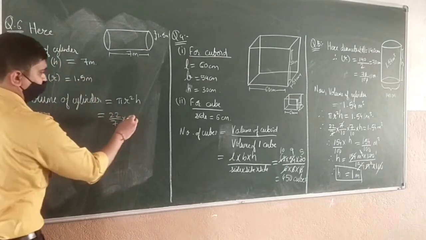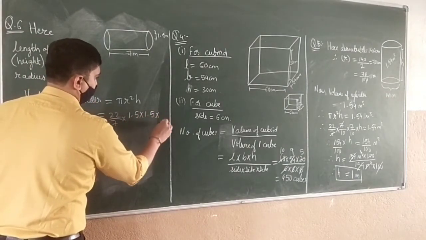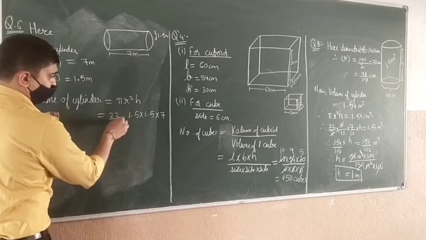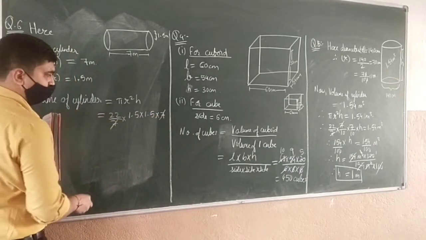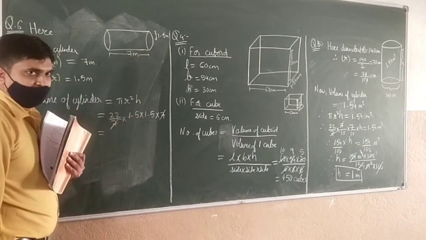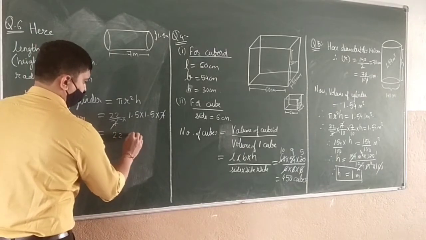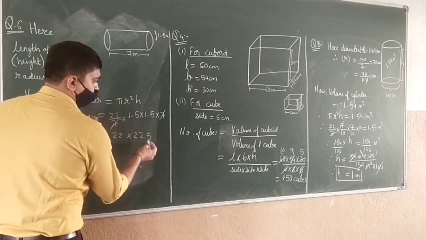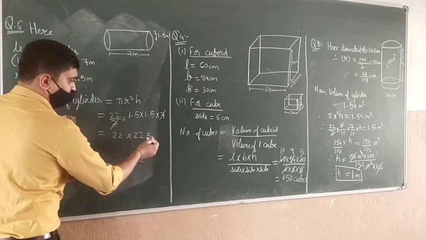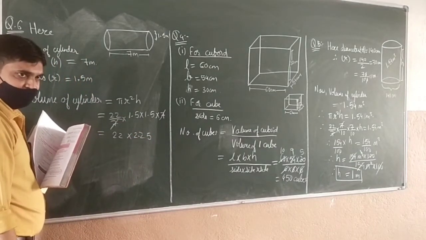R is 1.5 into 1.5 and height is 7. 7 and 7 will cancel out. I know 15 into 15 will be 225. But since there are 2 decimal points, I will write 2 decimal points from the right side. 1, 2. So our answer will be 2.25, right?